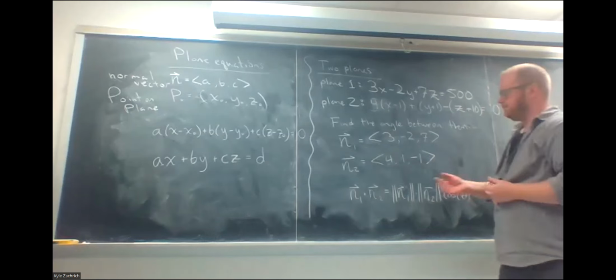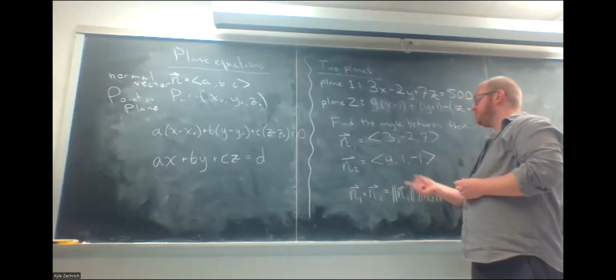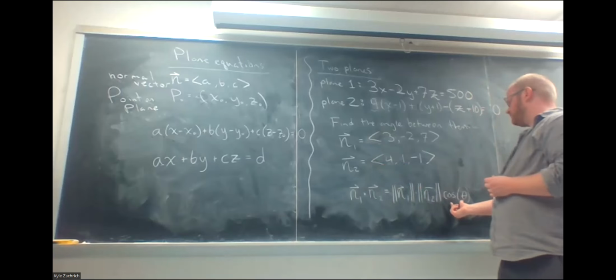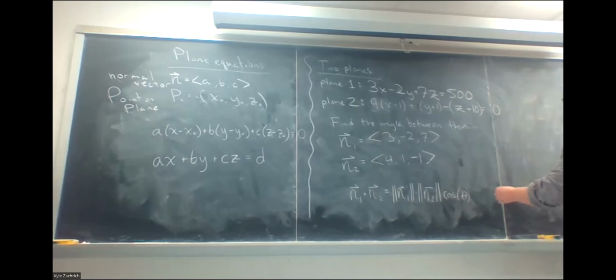So this is the dot product, this is the magnitude of N1, this is the magnitude of N2, and that's multiplied by cosine of the angle between them.